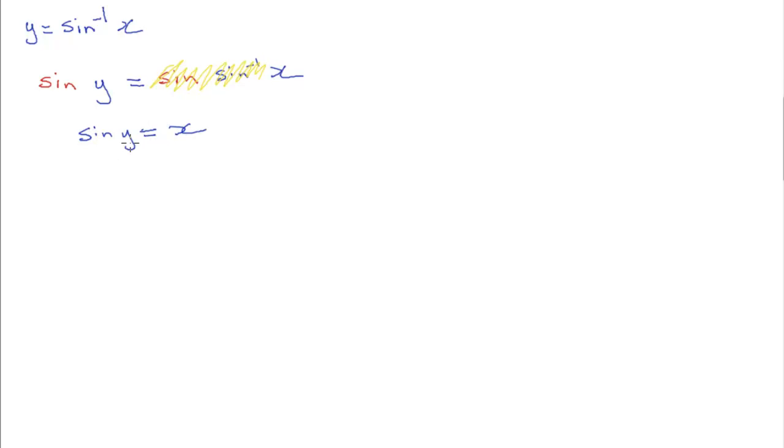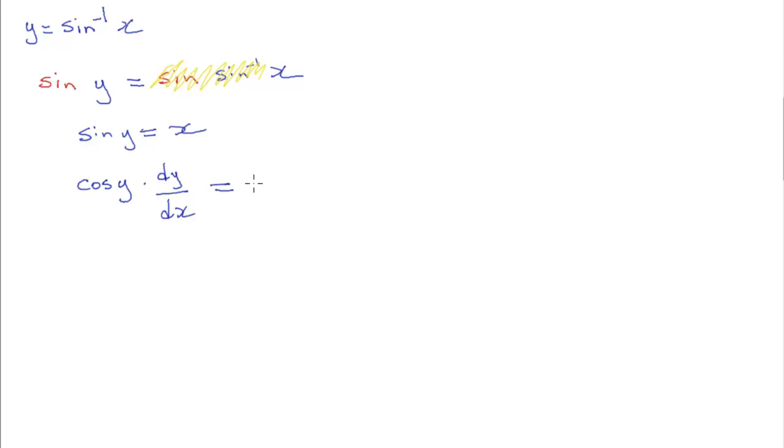The derivative of sine of y we can do now. We do know what the derivative of sine is, so we can start taking the derivative here. The derivative of sine is cosine of y. But remember, y is a function of x, so that needs to be multiplied by the derivative of y, which we'll write as dy by dx. So that's the chain rule, or implicit differentiation, however you want to think about it.